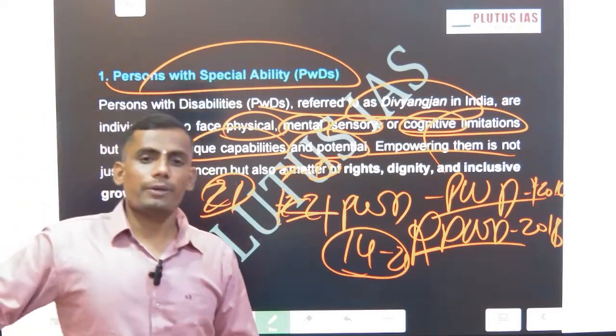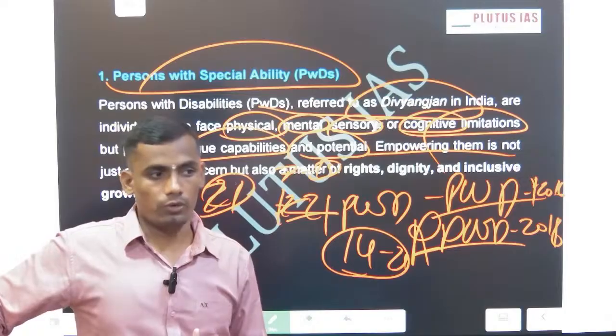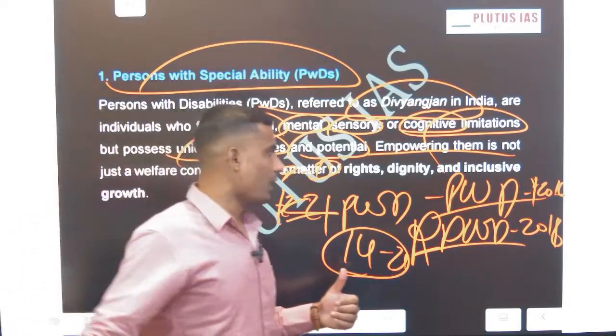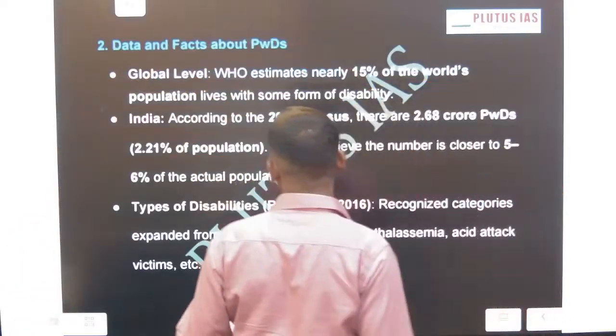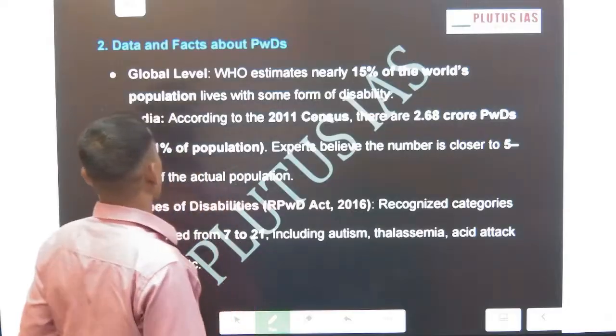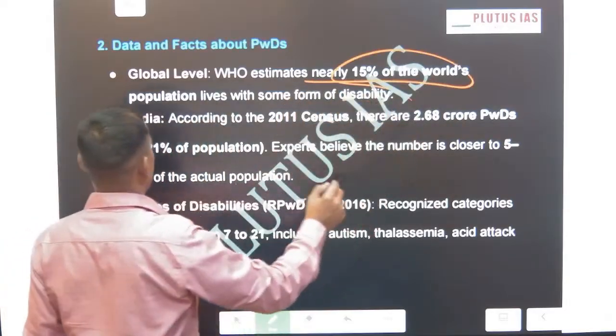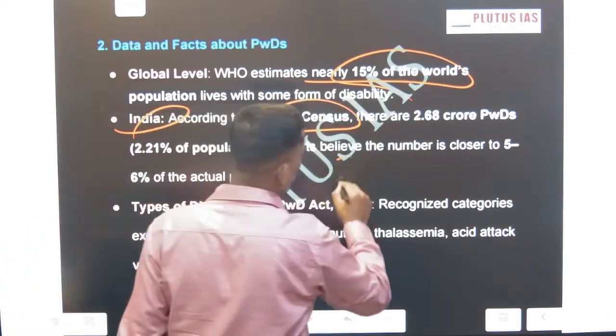And who gives the certificate? There are disability commissioners. Now we are going to discuss data and facts at the global level. This is the number, and in India it is around 2%.